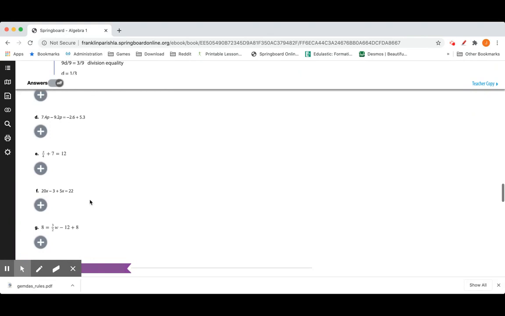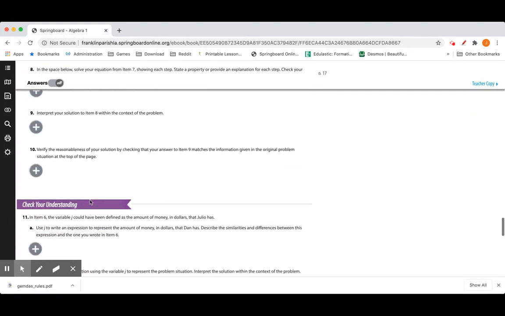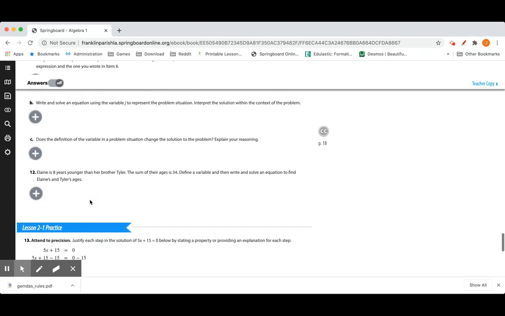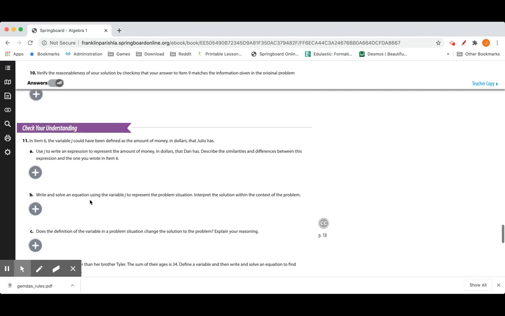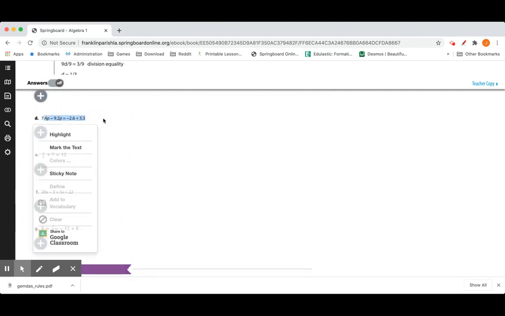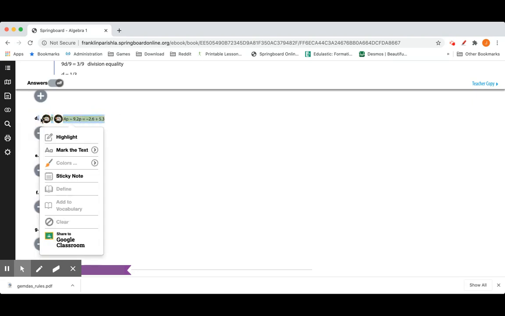Try D through 10 for now. I'm still playing with this program.